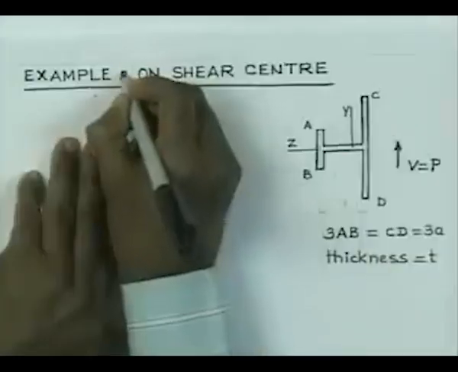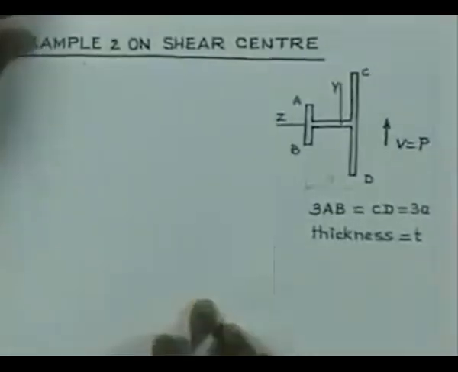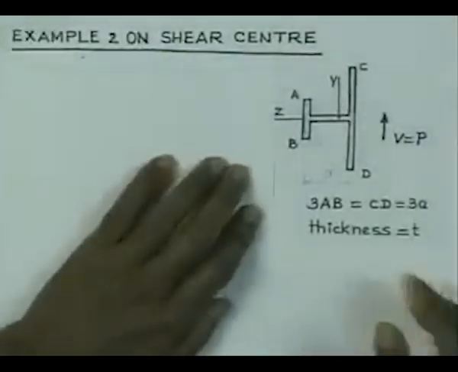So, this is one example to show how we can go about calculating the position of the shear center of a section which has one axis of symmetry. Let us consider another example. So, this cross section is shown here.